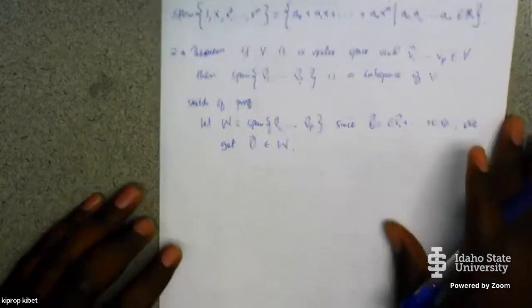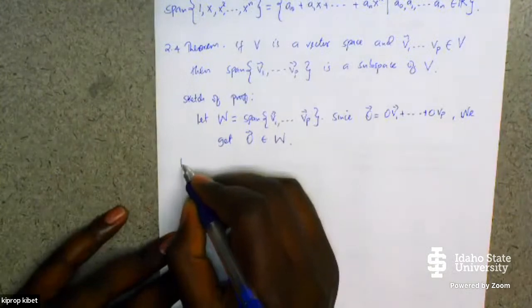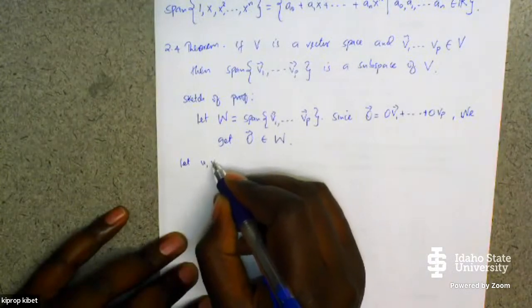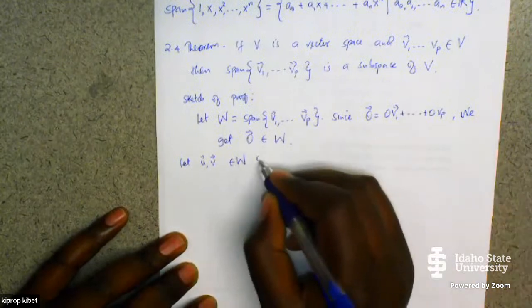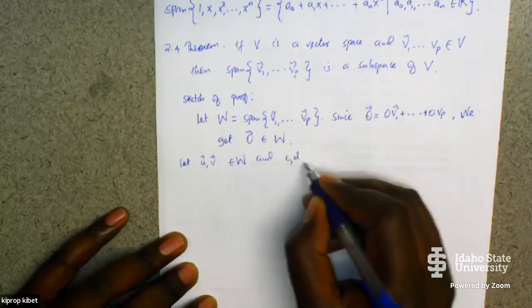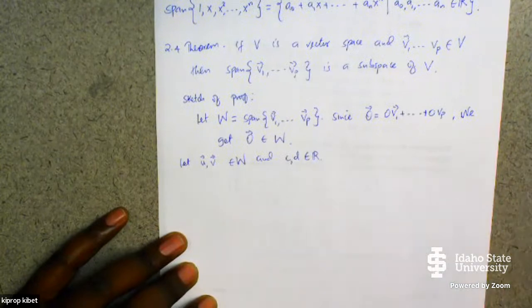The second one, you can let U and V be elements of W, and C and D be elements of the real numbers.